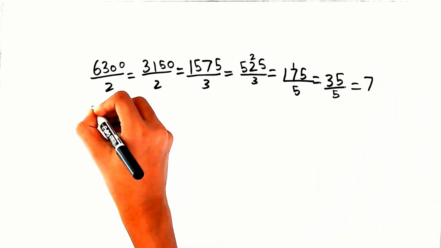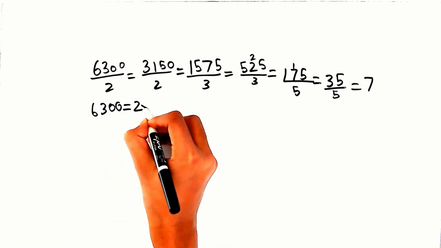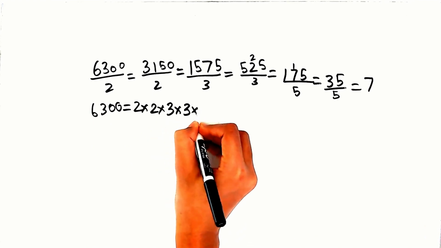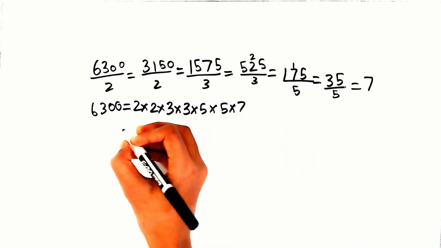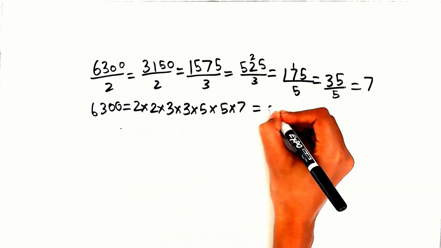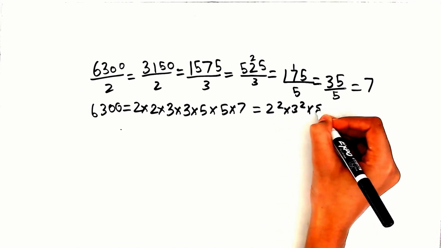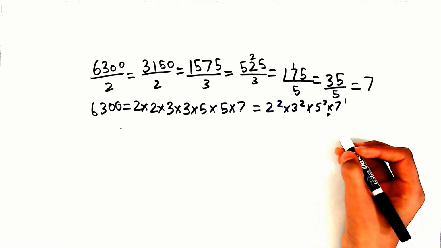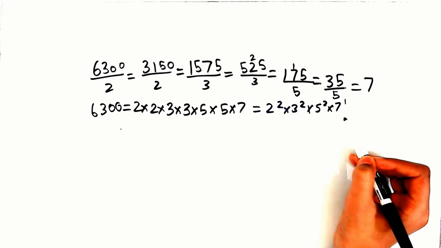Okay, so this would mean 6,300 equals 2 times 2 times 3 times 3 times 5 times 5 times 7. So it can be written as 2 squared times 3 squared times 5 squared times 7 power 1. So if you guys look here, 7 is the only number without a square.